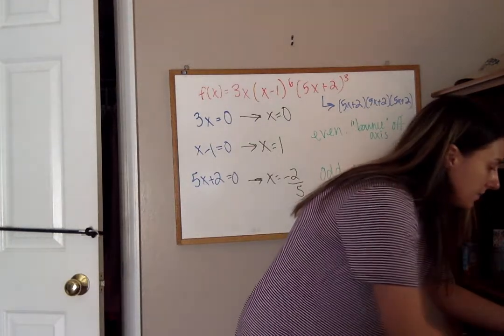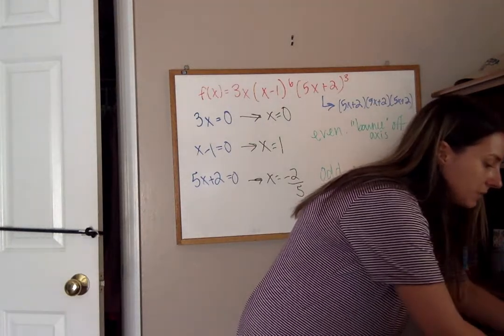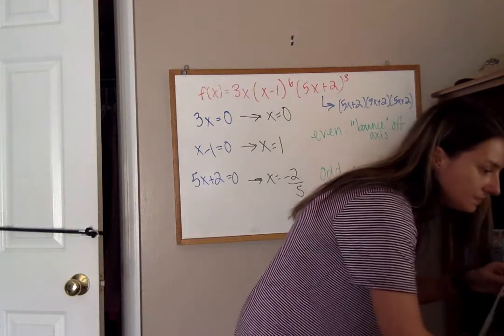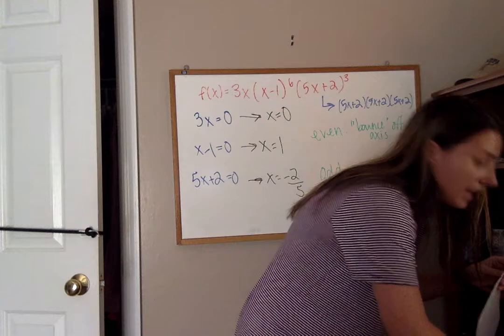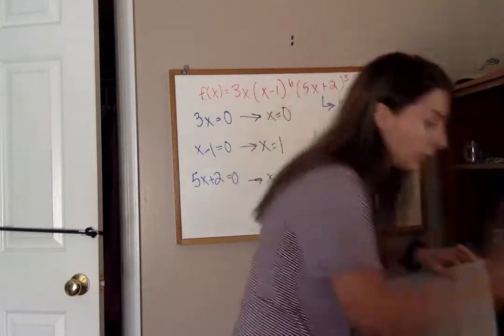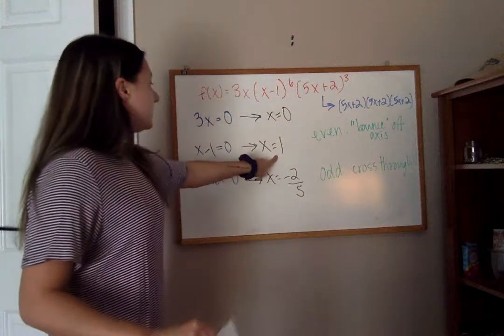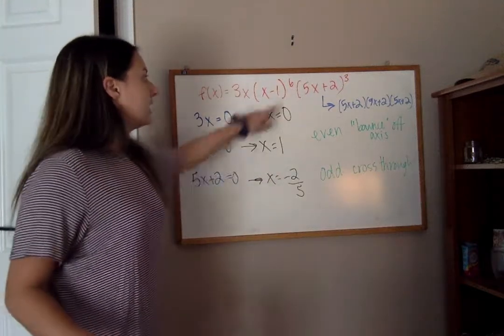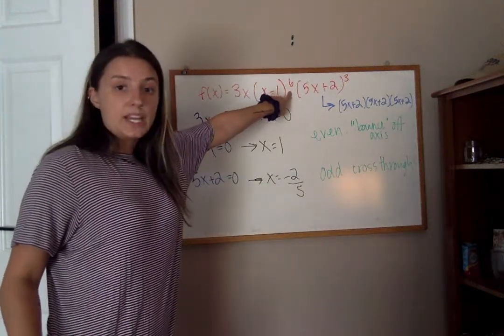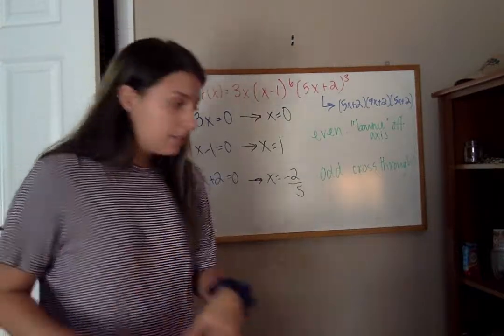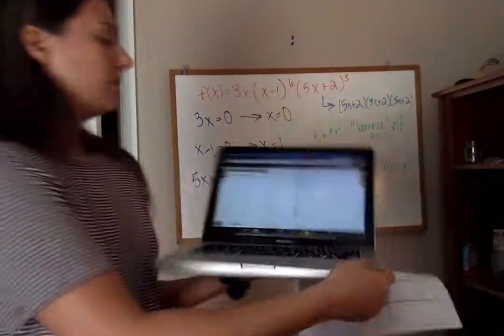Raised to the 6th. 5x plus 2 raised to the 3rd. Okay. So what I mean by bounce off versus going straight through. So we said that since this root had an even multiplicity, it should bounce off and make that parabola-like shape. Okay. So look.